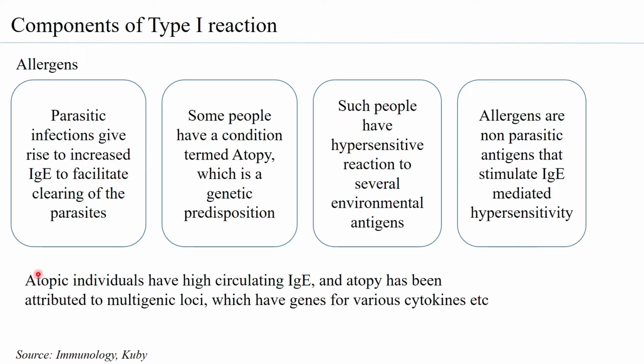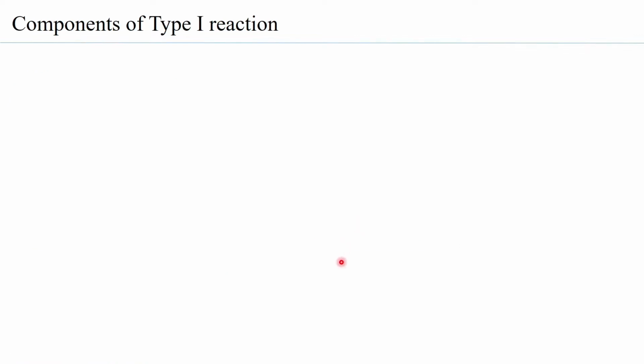Atopic individuals are generally found to already have high levels of circulating IgE. Atopy has also been attributed to certain multigenic loci, especially those with genes for various cytokines. Because they are already predisposed and have certain cytokines present in higher amounts, they are able to have a hypersensitive reaction.